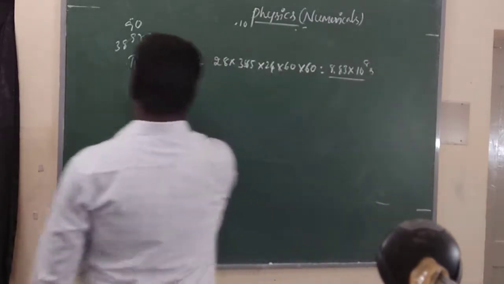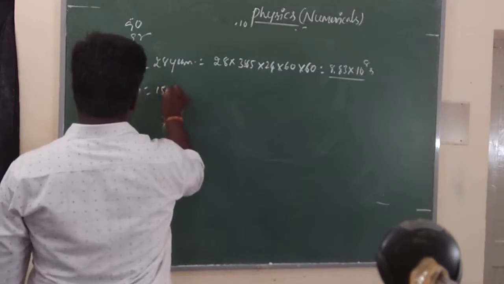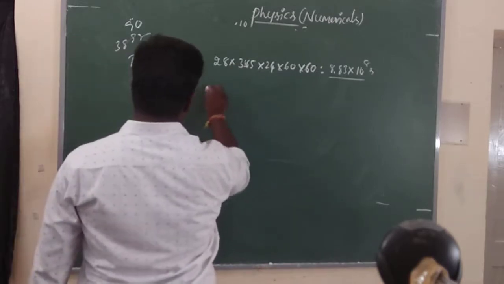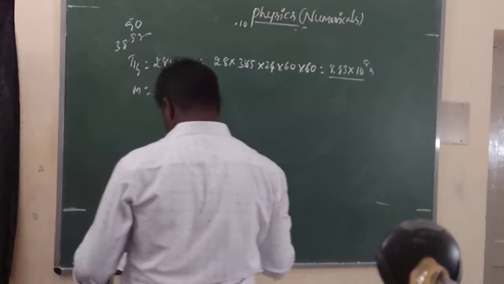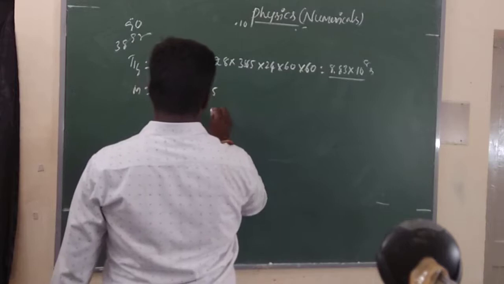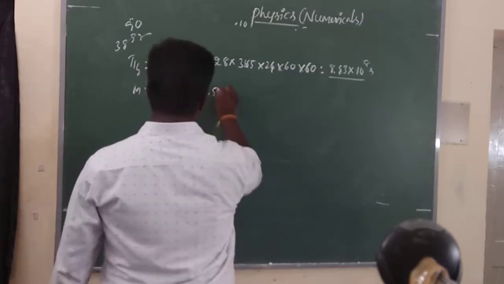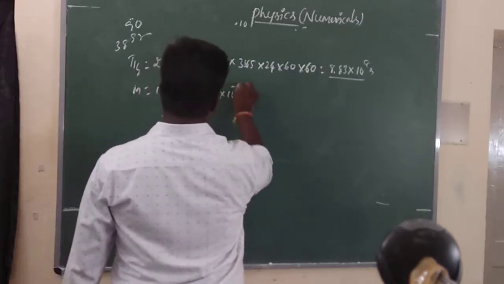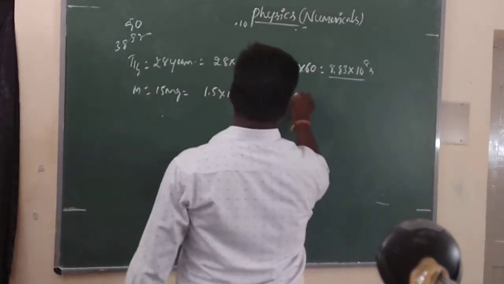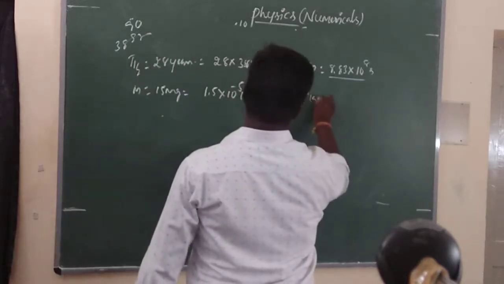Next, the mass is given as 15 milligrams. We convert it to kg, that is 1.5 into 10 to the power of minus 5 kg, or we write it like this, 15 into 10 to the power of minus 6 kg.